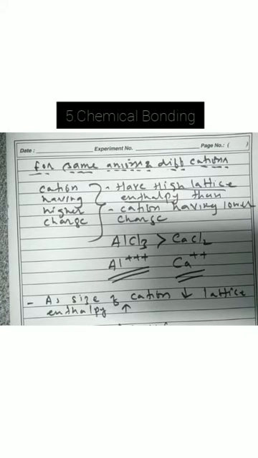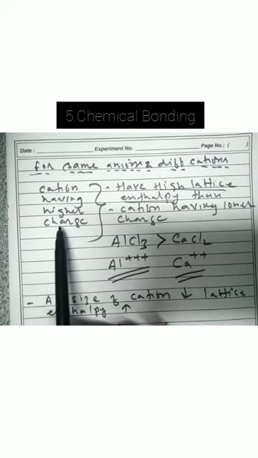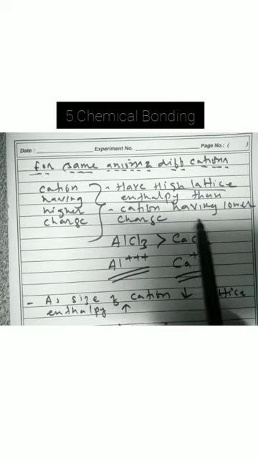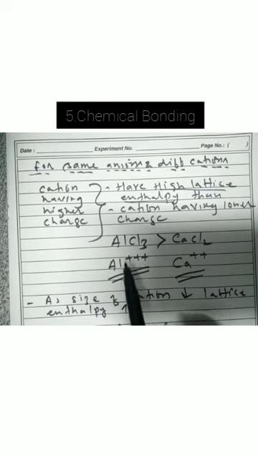For same anions and different cations, a compound having a cation with higher charge has higher lattice enthalpy than the compound containing the cation with lower charge. Here in AlCl3, aluminum trichloride, aluminum has 3 plus charges, and in calcium chloride, calcium has 2 plus charges.